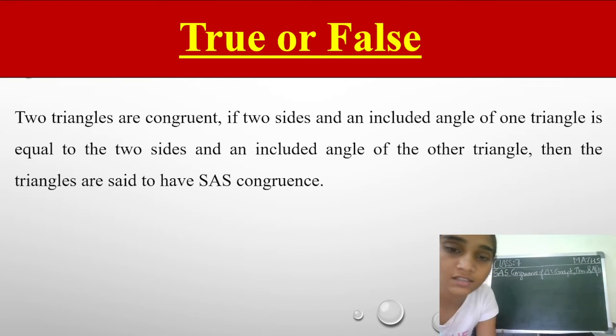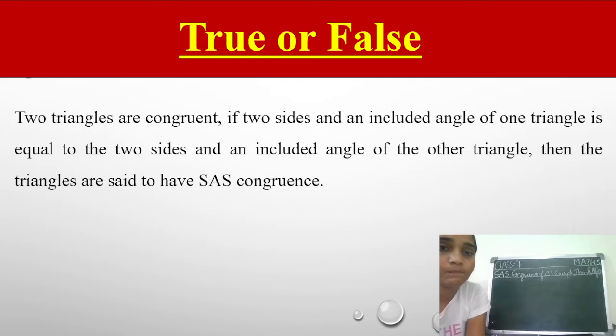You can write your answers in the comment section, students. Basically, it is asking about SAS congruence. So keep in mind the necessary things for two triangles to be congruent by SAS rule: side, angle, side.